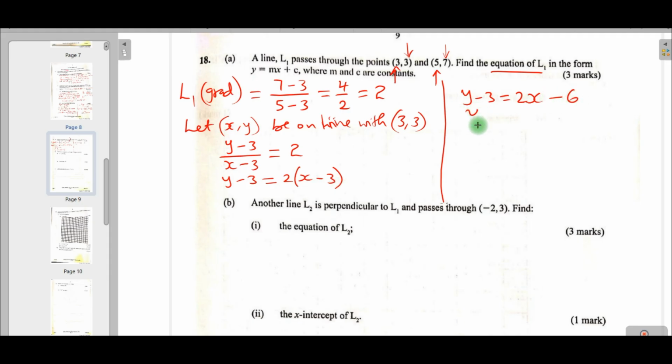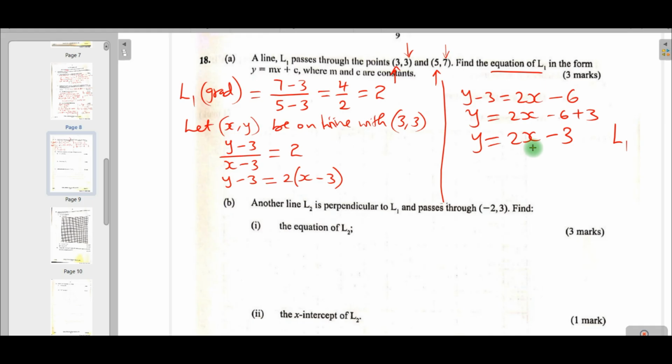Therefore rearrange it, y will be equal to 2x, then minus 6, then plus 3. So y will be equal to 2x minus 3. And this is the equation of L1.